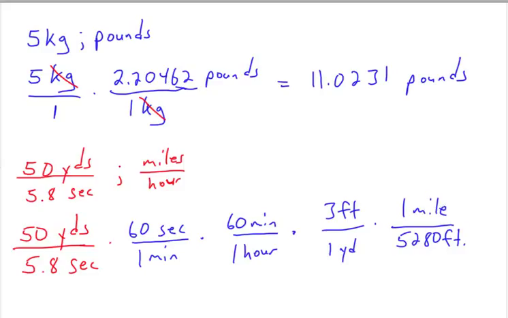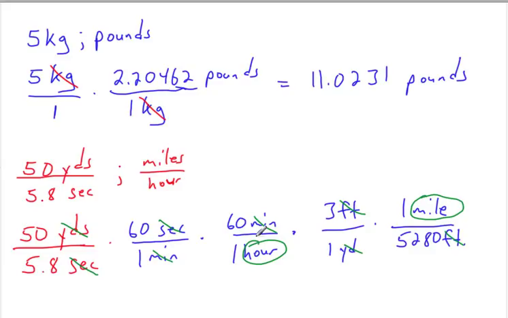Okay, so if we cancel out all of the units here, seconds go away, minutes go away, yards go away, and feet go away, leaving us with miles on top, hours on the bottom, which is exactly what we want. We want miles and hours. So now we just have to do the calculations.